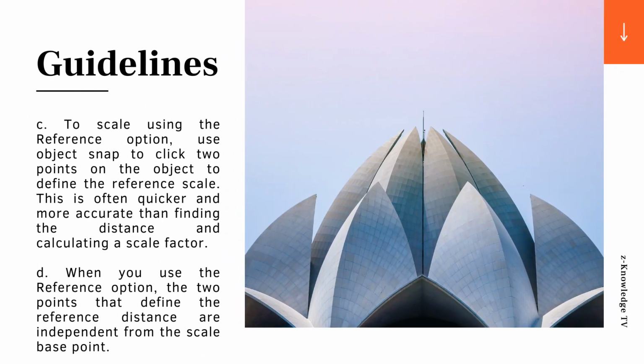So, third, to scale using the reference option, use object snap to click 2 points on the objects to define the reference scale. This is often quicker and more accurate than finding the distance and calculating scale factor. And last, when you use the reference option, the 2 points that define the reference distance are independent from the scale base point.